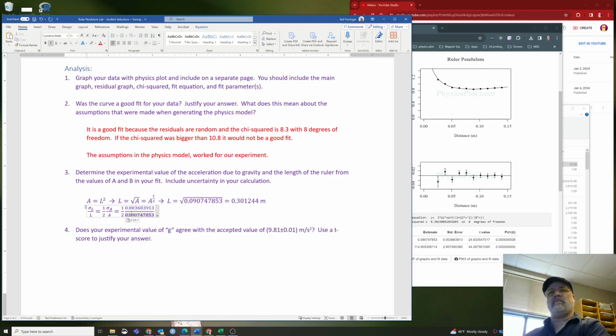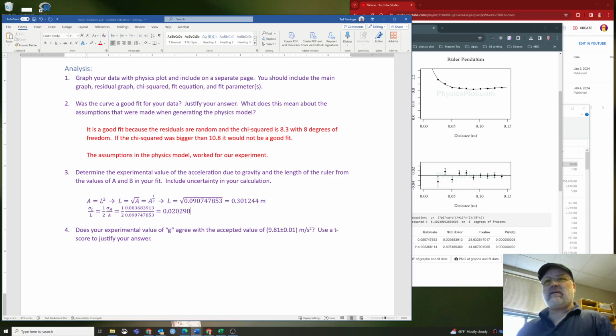Okay, so that is equal to, plugging this into my calculator, 0.5 times 0.003683913 over 0.090747853. So this is equal to 0.020298.